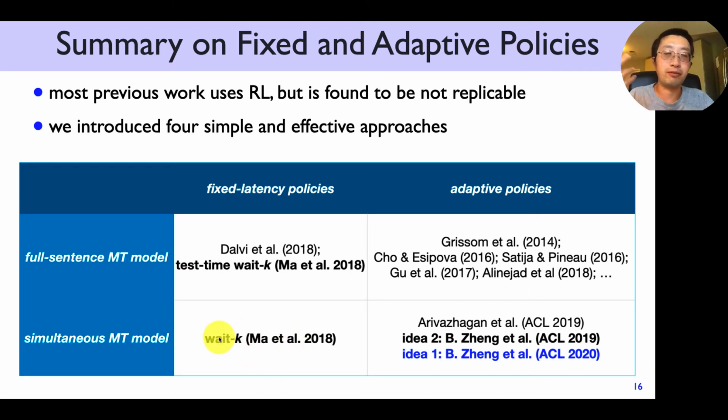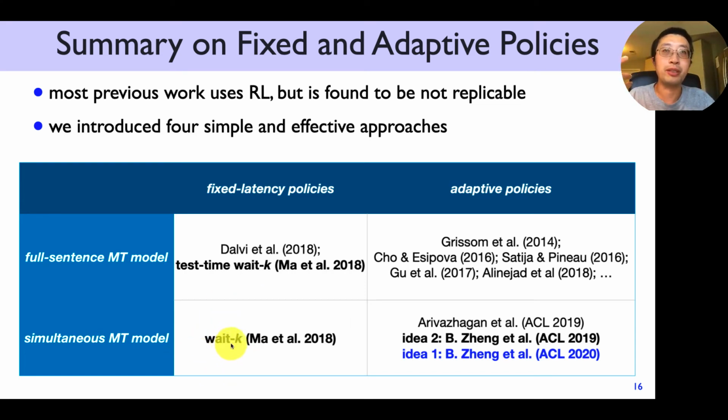So just to summarize on fixed and adaptive policies, the wait-K policy we discussed in the first part was a simultaneous MT model, even though it could also be used with a full sentence translation model, which is called test-time wait-K. That is, only use the wait-K policy in decoding, but not use the wait-K model in training. Real genuine wait-K means you both retrain wait-K using the prefix-to-prefix objective instead of the sequence-to-sequence objective, but you also use wait-K during decoding.